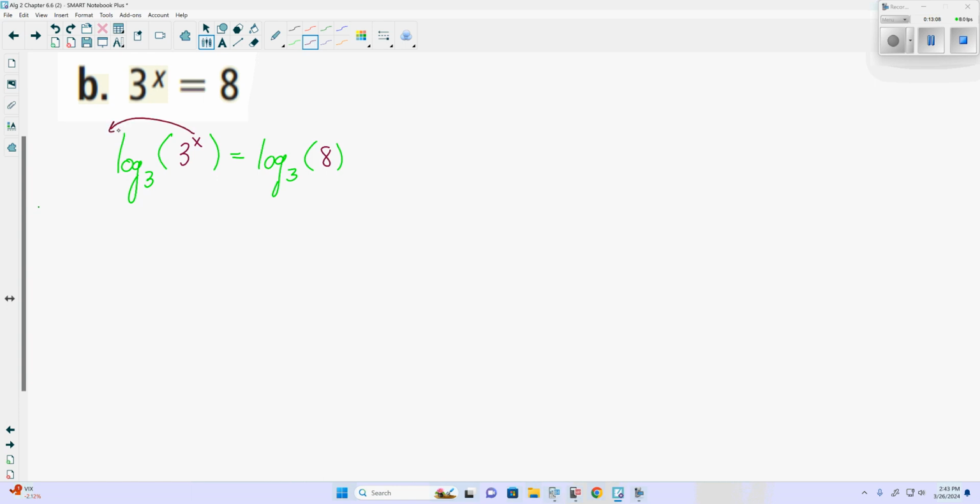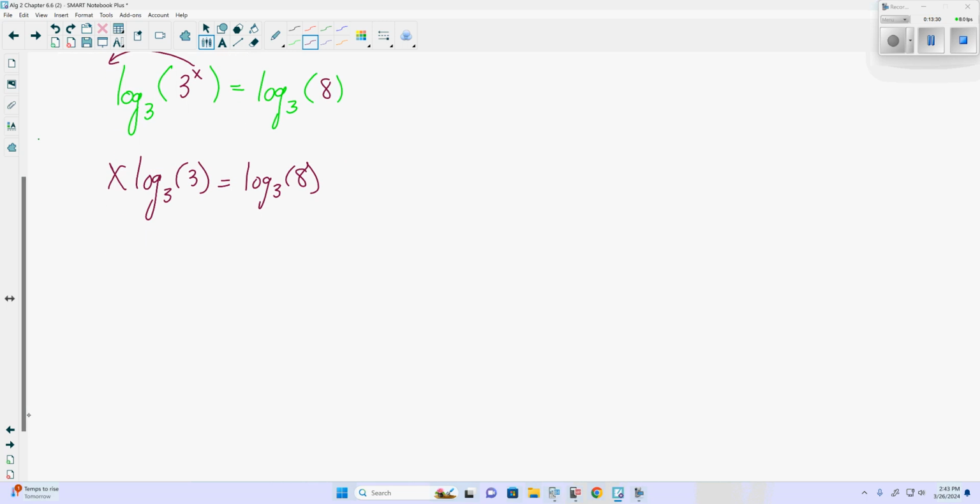Because our log base 3 of 3 to the x would come out front. So like I said, we have x times log base 3 of 3 is equal to log base 3 of 8. But again, our log base 3 of 3 is going to simplify to 1.